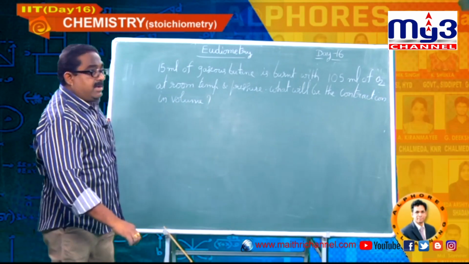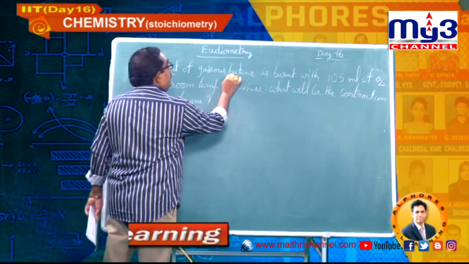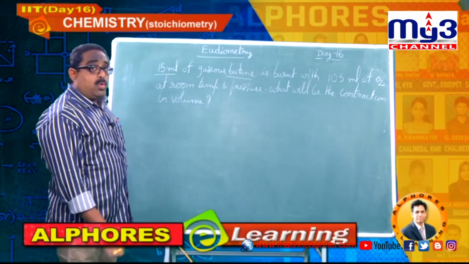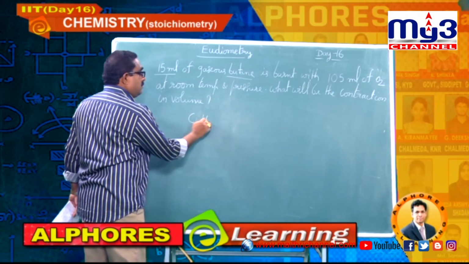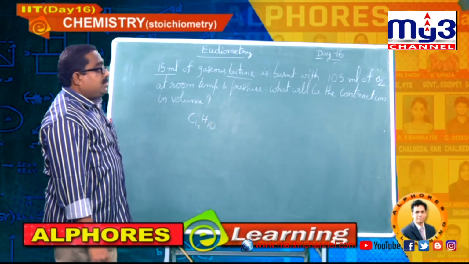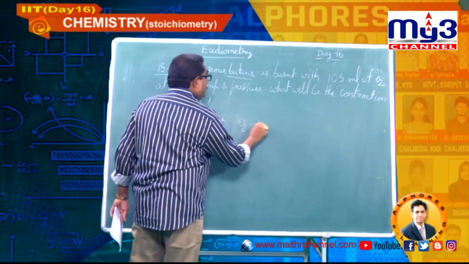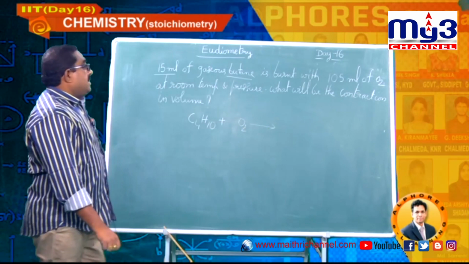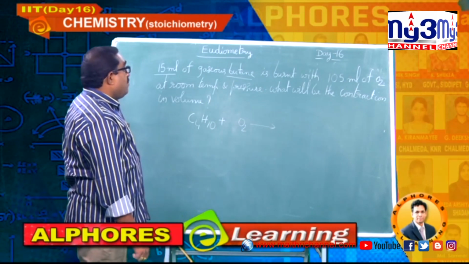That is the question given to us, students. 15 ml of gaseous butane is burnt with 105 ml of oxygen at room temperature and pressure. What will be the contraction in volume?